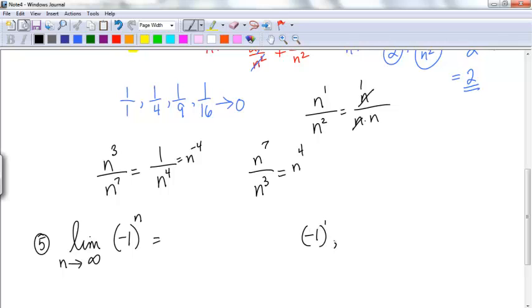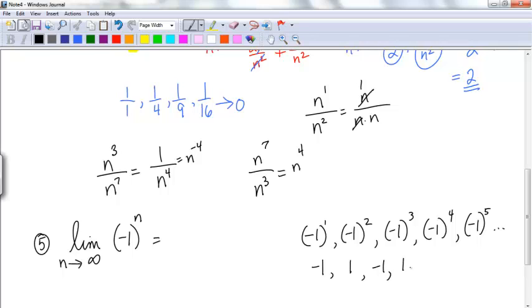Negative 1 to the first, negative 1 to the second, negative 1 to the third, negative 1 to the fourth, negative 1 to the fifth, dot, dot, dot. Negative 1 to the first would be negative 1. Negative 1 squared, 1. Negative 1 to the third. It's just going to oscillate back and forth, right?